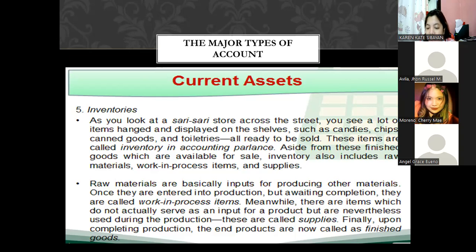So if manufacturing ang business mo, inventory can be your raw materials or work in process and supplies. Pag buy and sell, inventory yung mga natitirang finished goods mo. Raw materials are basically inputs for producing other materials.